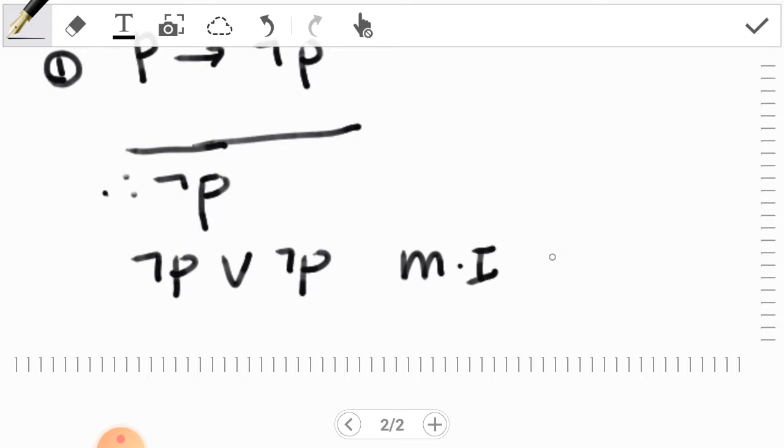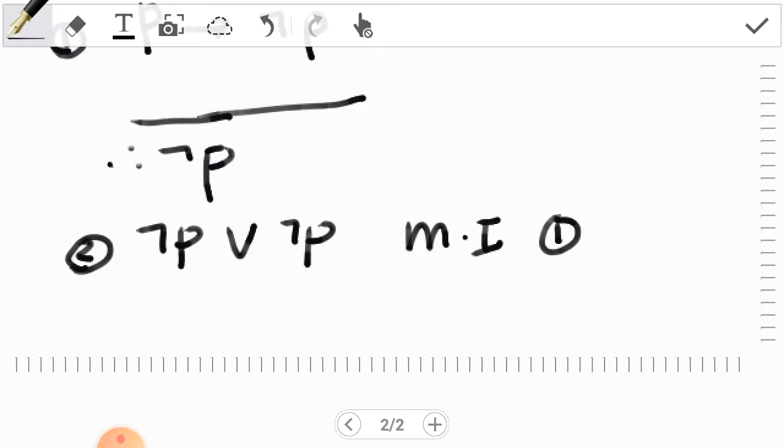Material implication of premise number 1. So this now becomes a new premise: not P or not P.